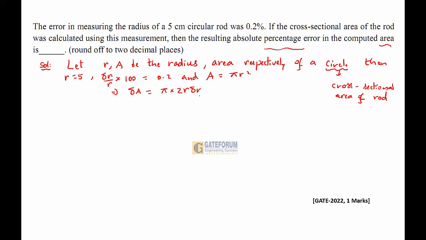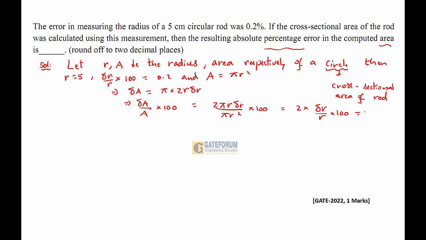Now this implies delta A by A into 100 is equal to 2 pi r delta r by pi r square into 100.